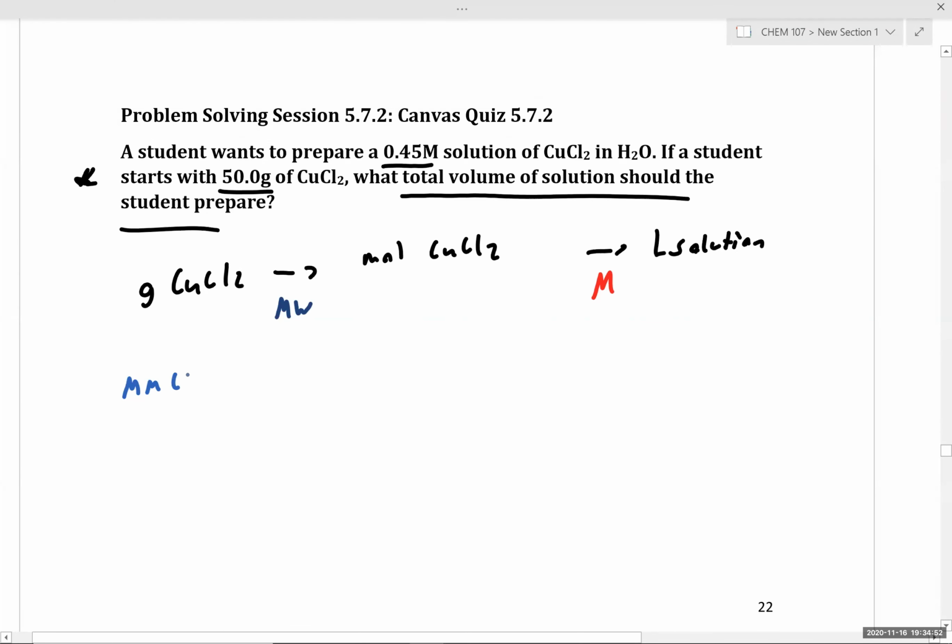Now, for our molar mass of copper chloride, we're going to need to go to the periodic table. For copper, we have 63.54 gram per mole. Chlorine, we have 35.45 gram per mole.